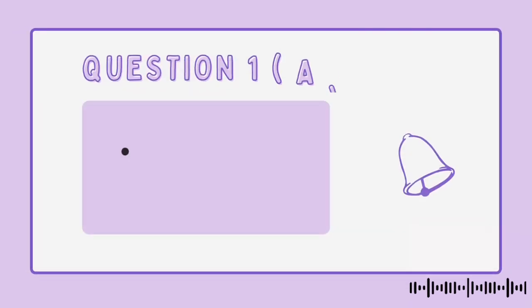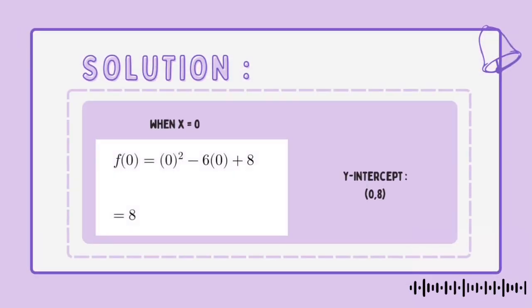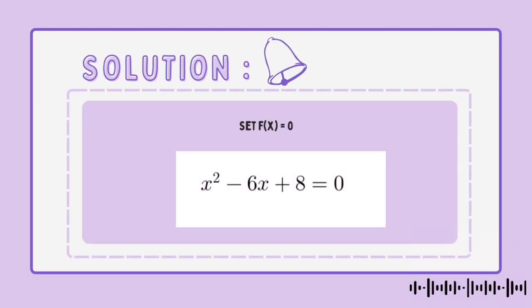Next, I determine the y-intercept by substituting x equals 0 into the function. When we substitute 0, the value of the function becomes 8. Therefore, the y-intercept is (0, 8). Then, we find the x-intercepts by setting the function equal to 0.